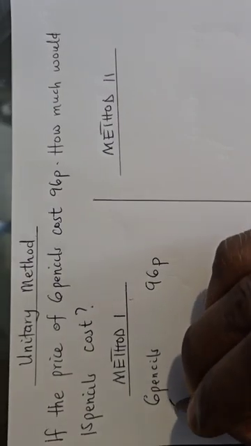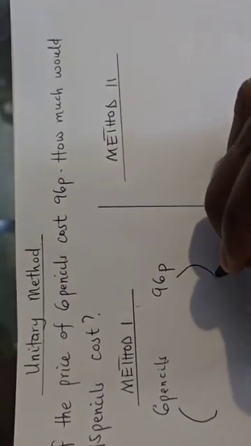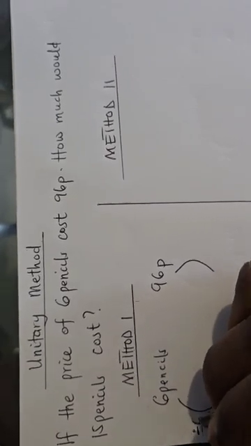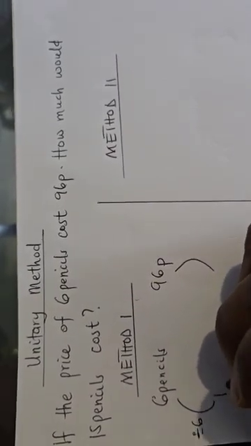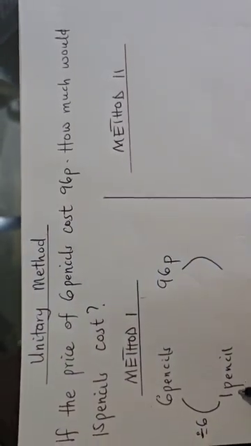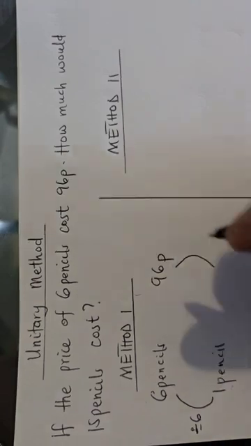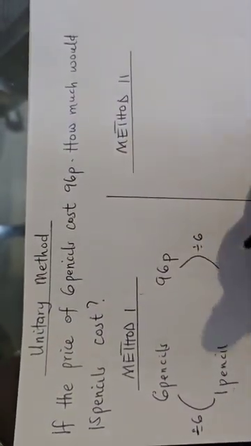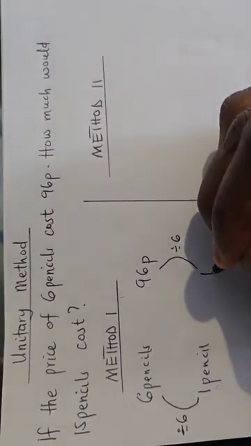So if I want to find the price of one pencil, it means that I need to divide this side by 6. So I divide the 6 by 6, which is one pencil. I do the same thing on the right hand side, 96 divided by 6, and that's giving me 16 pence.